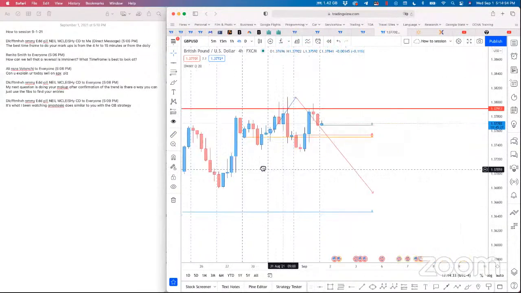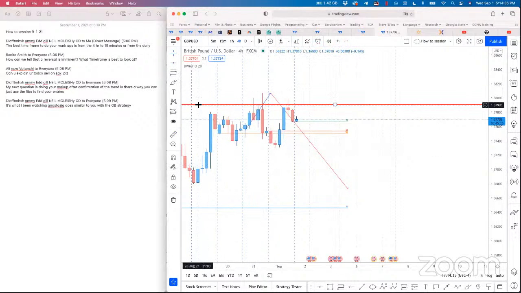We literally could have stayed in this. We would have only seen at most 7 or 8 pips of drawdown. But I just didn't want to play around in this today, so I closed this out. I know some people might have stayed in, I don't know.